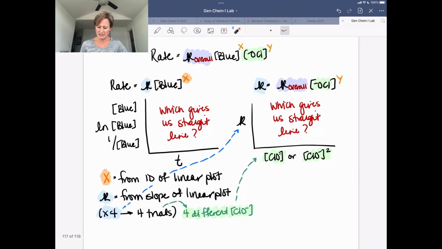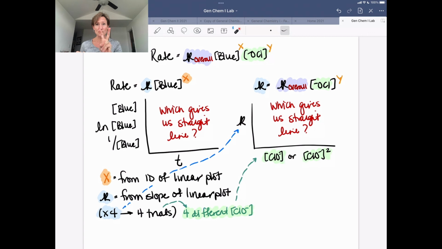Okay, so here's how we did that. We had to make our own data table because we were going to plot four different rate constants as a function of four different concentrations of hypochlorite or bleach ion. Okay, so this is where we get this data. We had to take the data from our first experiment, those different rate constants, and then we had to plot them versus the concentrations of hypochlorite.